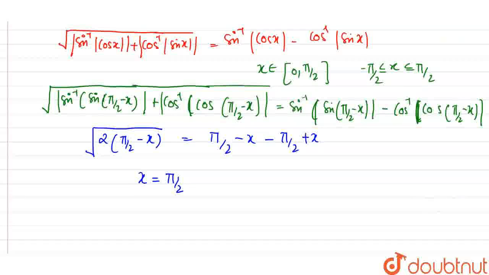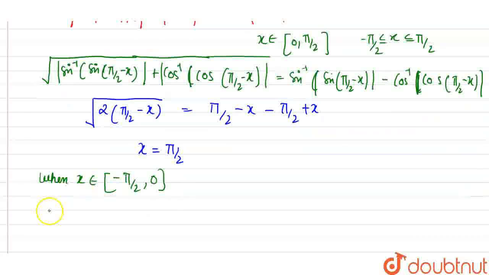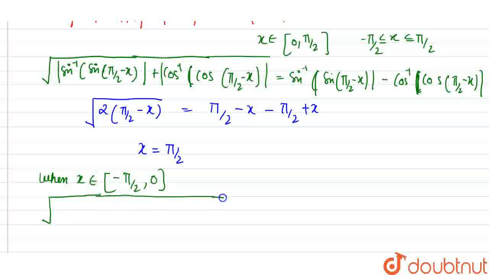So guys, I already told you that, and now I'm again telling, when our x belongs to minus pi by 2 comma 0. Actually in the first part we are taking the positive part, and now we are taking the negative part, right? So now we have to do the same thing again. So it is root, actually we have to make a bigger root, right?